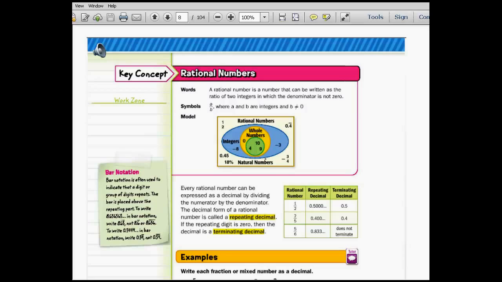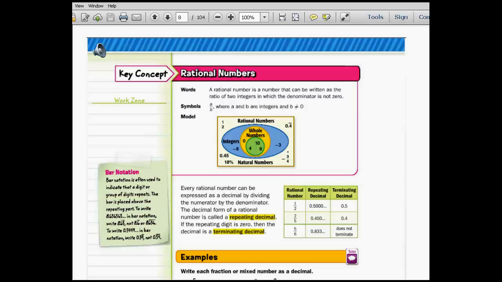They also include the integers, which we've done a lot of review work on over the last 2 weeks. They also include your whole numbers, which are 0, 1, 2, 3, 4, 5, and specifically your natural numbers, which are also your counting numbers. So they are the whole numbers minus 0.